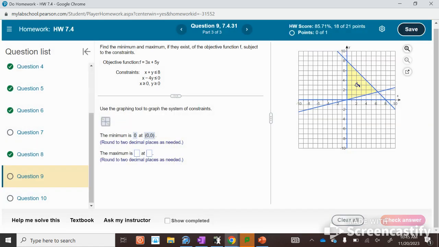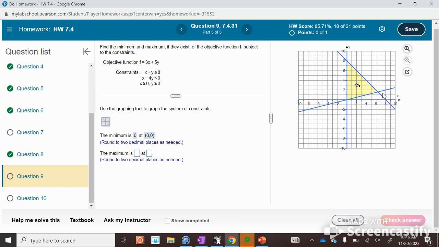And if it asks for the maximum, now you have to put (8, 0) into this function and you get 24. And where these two cross is like 6.2 and 1.8. If you put 6.2 in here, you get about, that's going to be really close.